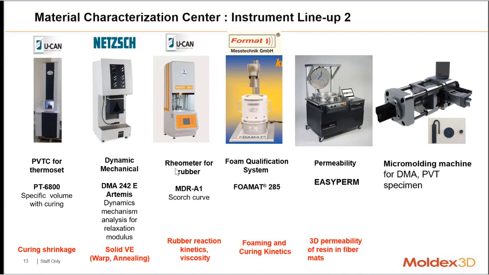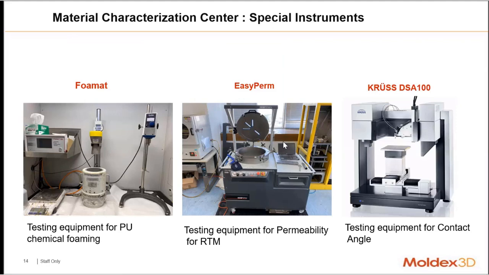Here is a list of the instruments available, and besides the traditional thermoplastic measurements, we also have some special instruments for special molding, such as the Formet. This is the instrument for PU or PUR chemical forming kinetics measurement. We have the EasyPerm.